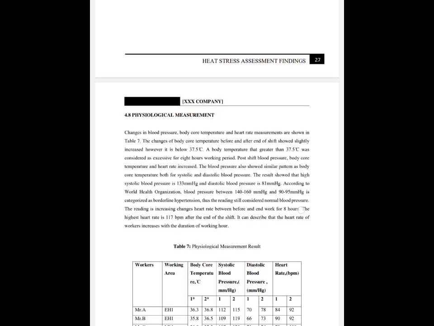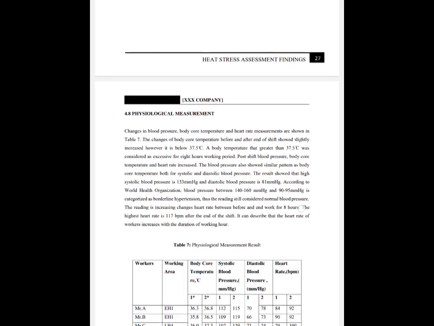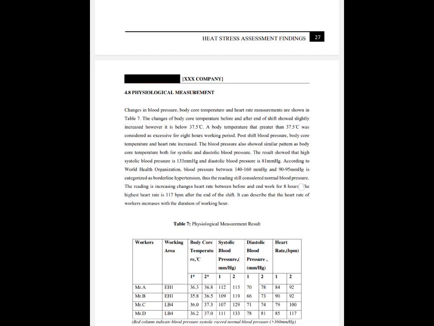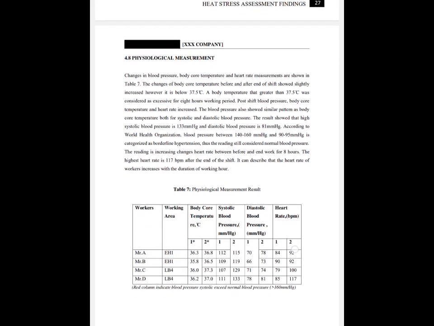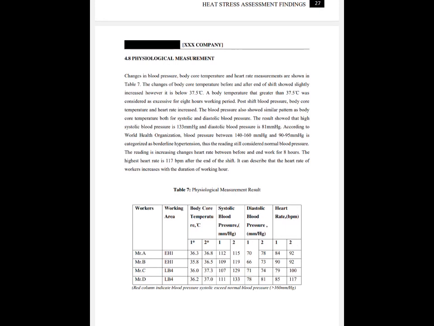And next is the physiological measurement. For this physiological measurement, the results being tabulated are body core temperature, systolic blood pressure, diastolic blood pressure, and also the heart rate.